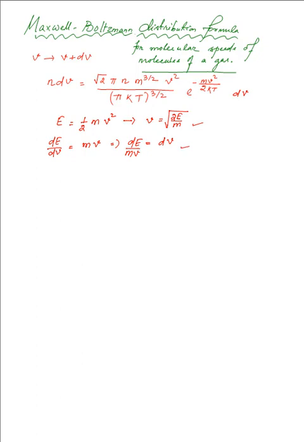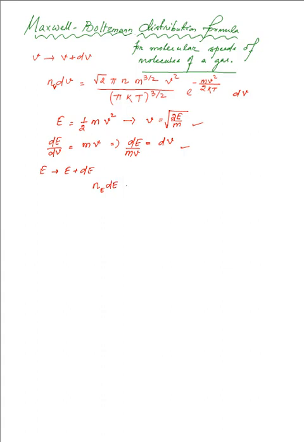So the number of molecules having the energy range from E to E plus dE is of the form n. Now we can give a subscript: n_v being the number of molecules associated with the velocity range, and here n_E being the number of molecules associated with the energy range from E to E plus dE, eventually giving dE.